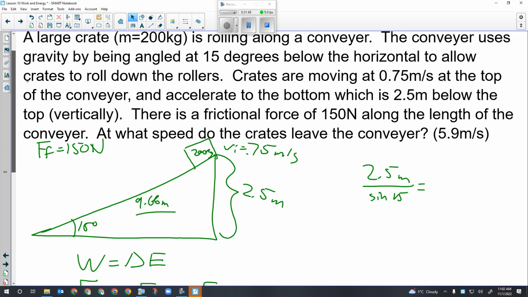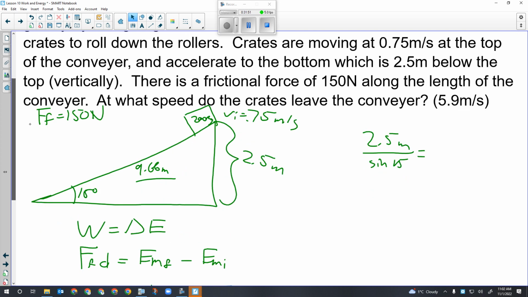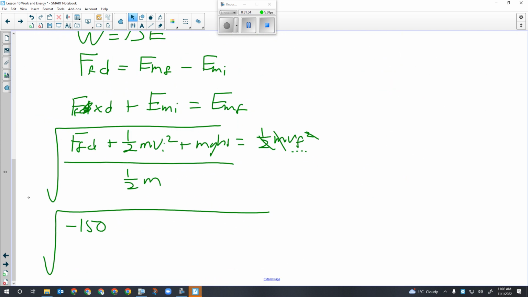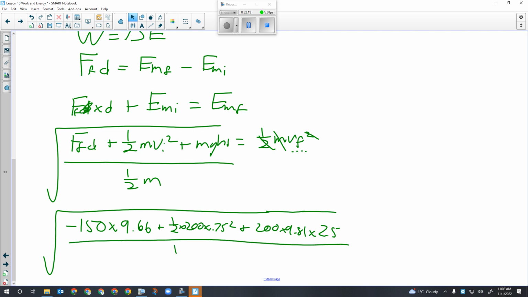Yeah. So negative 150 times the 9.66 meters, plus 1/2 times 200 times 0.75 squared, that's my initial kinetic energy, plus 200 times 9.81 times 2.5 meters, because that was the initial height, divided by 1/2 times 200.